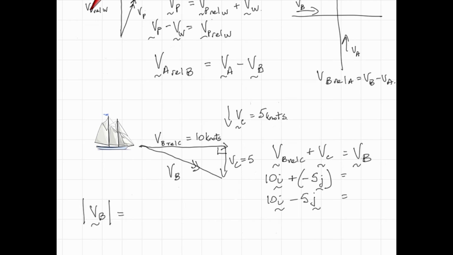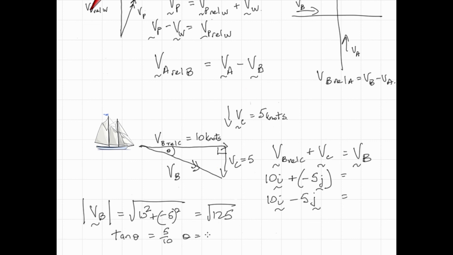the absolute value of the velocity of the boat will be equal to the square root of 10 squared plus negative 5 squared, which is equal to the square root of 125. And the angle, this would be my theta, so tan theta is equal to 5 over 10.